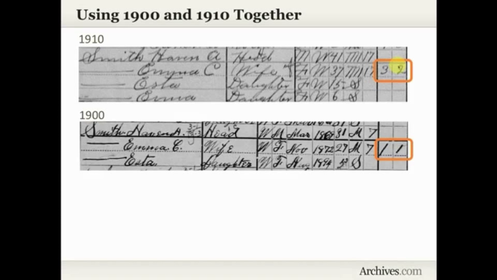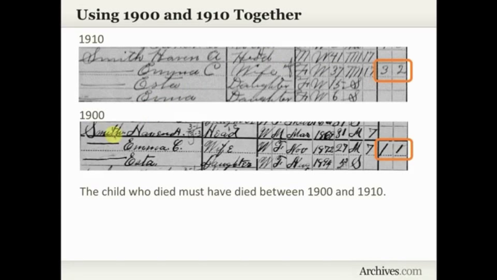Instead of that child dying sometime between 1893 and 1910, we now know that this child who died must have died between 1900 and 1910. And when you're working with a common name like Smith, every bit of information, every clue that you can get, any date that you can narrow down is going to help you with your research.